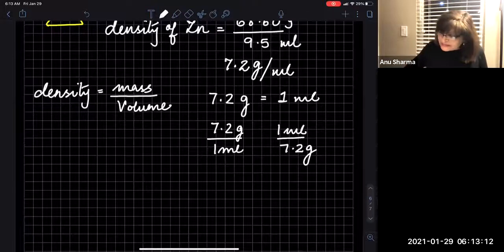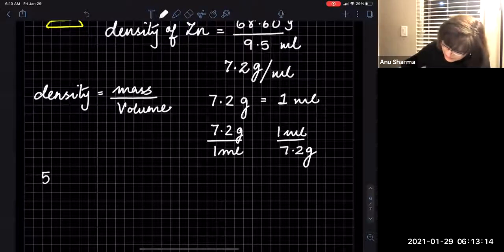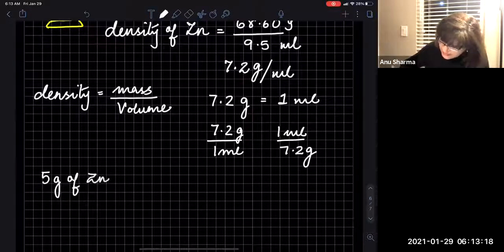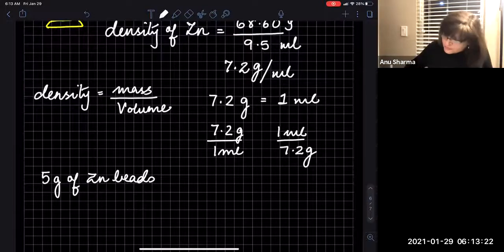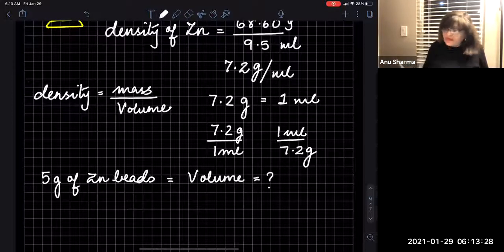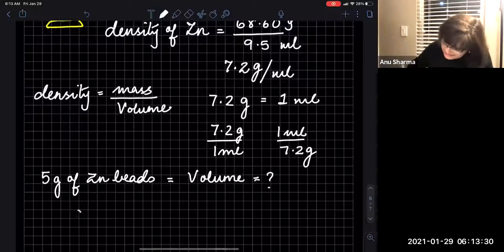So let us say one example is there is 5 grams of zinc beads, and we want to find the volume of these. Here density is known.